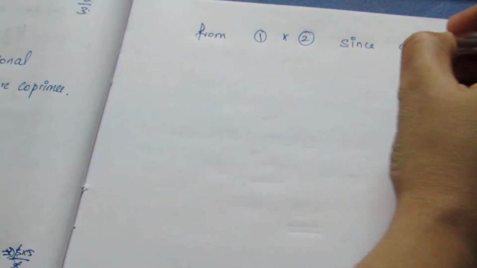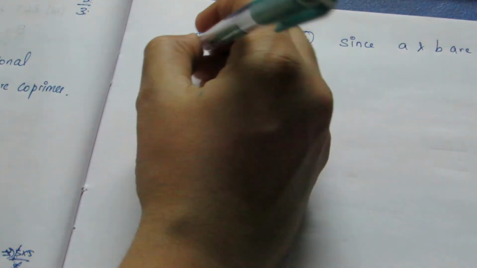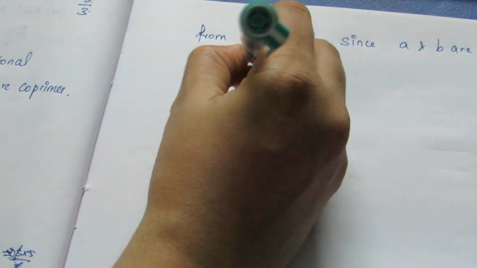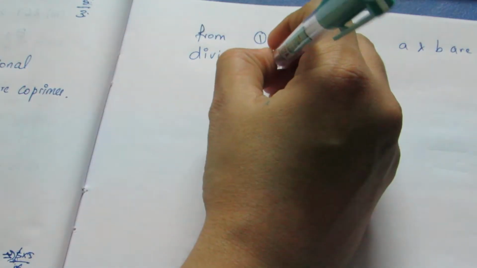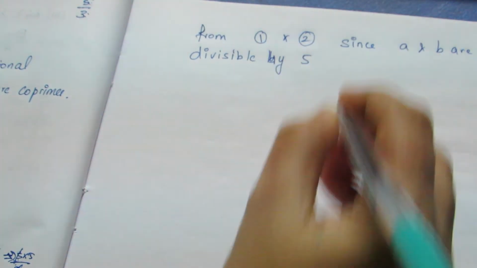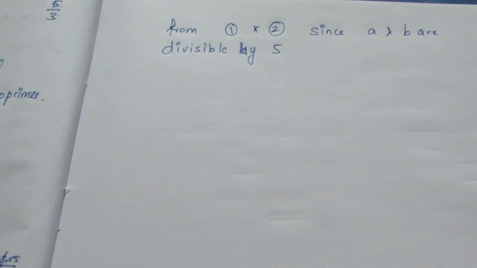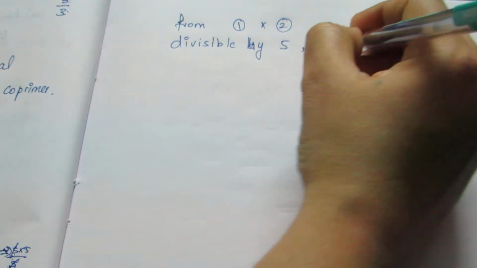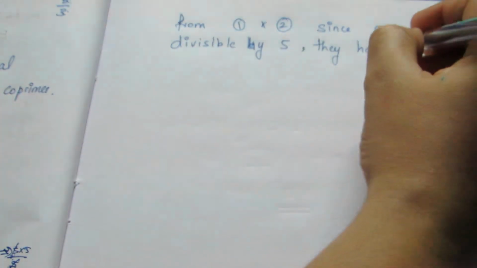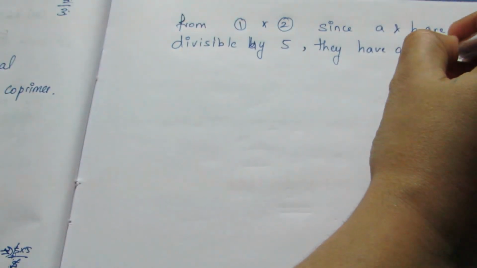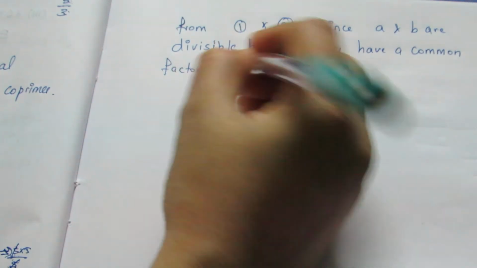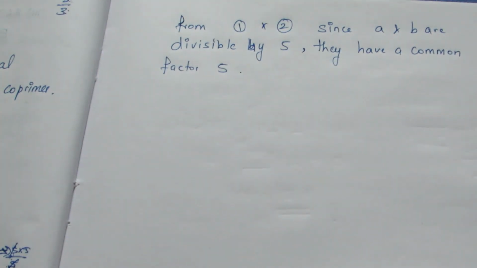Since a and b are divisible by 5, they have a common factor 5 in both the cases.